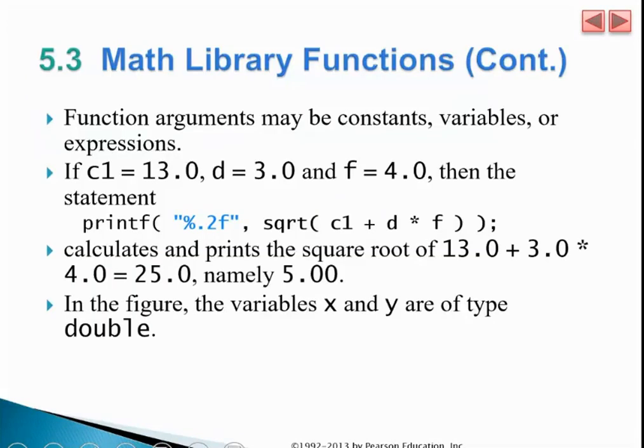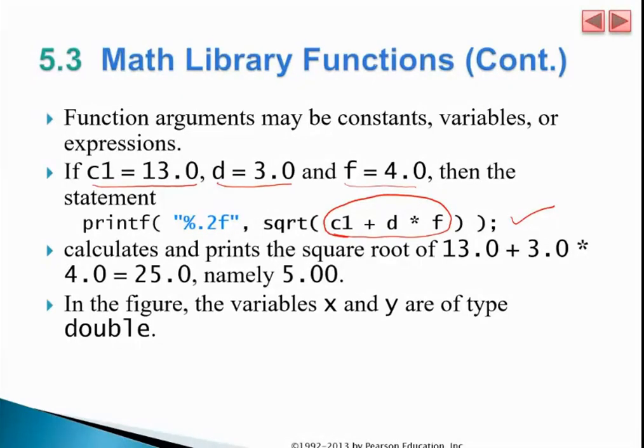These arguments could also be expressions. For example, suppose C1 is 13.0, D is 3.0, and F is 4.0, then you can pass this expression as an argument. First the expression gets evaluated: 13.0 plus 3.0 times 4.0, right?